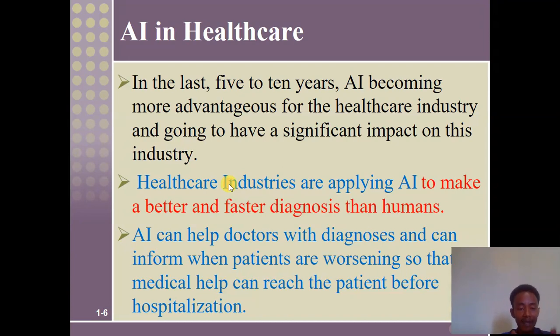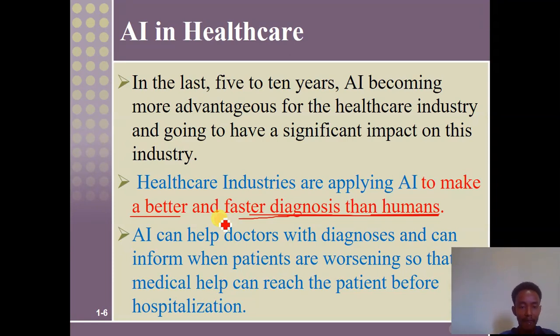Healthcare industries are applying artificial intelligence to make better and faster diagnoses than humans. It's better if healthcare providers use artificial intelligence in the healthcare they provide to society. It is better and faster at diagnosing disease than doctors themselves, than human beings, we can say.